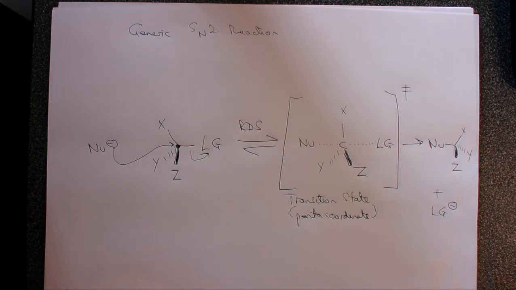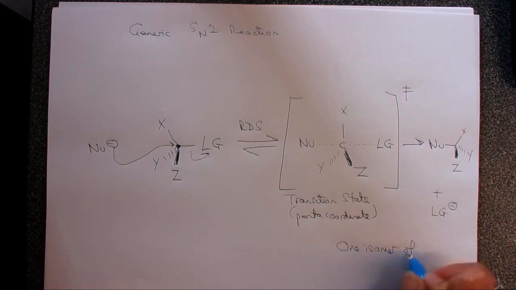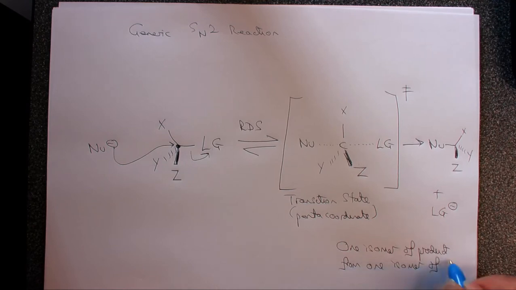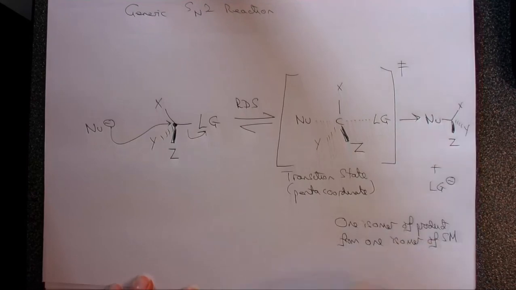So what we see for this is that we get one isomer of product from one isomer of starting material. So just SM for starting material. And going even further, what we see is that the stereochemistry is inverted.